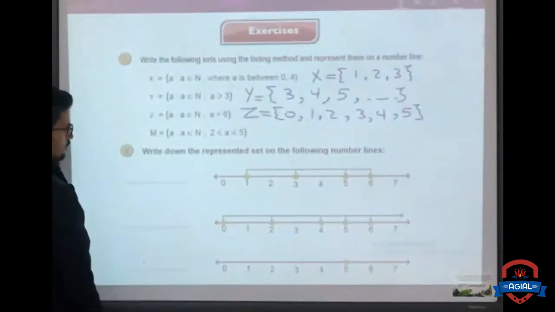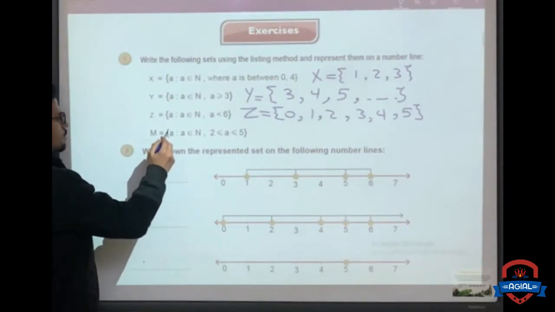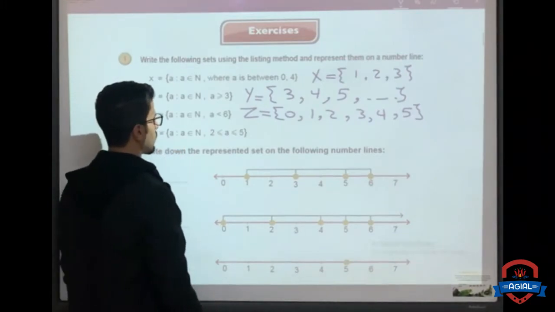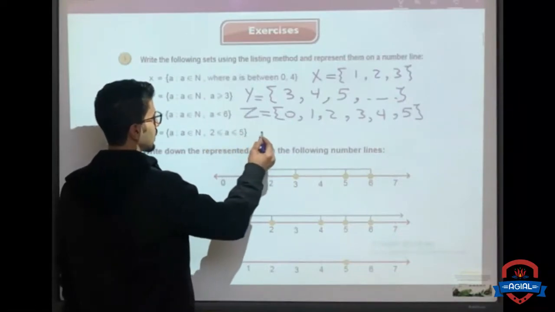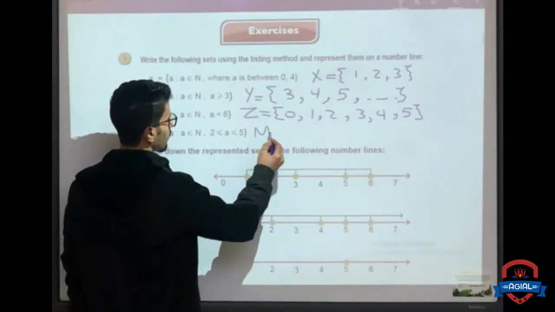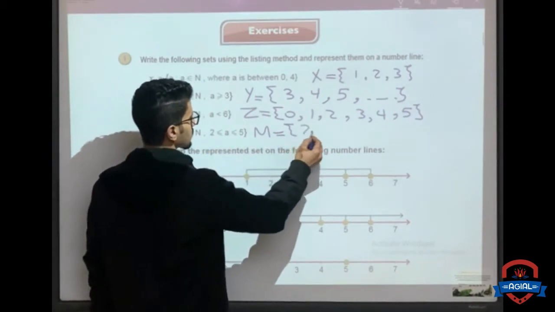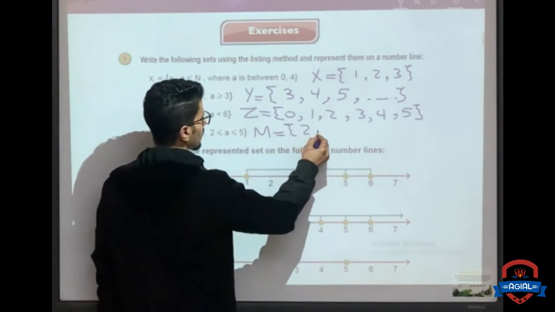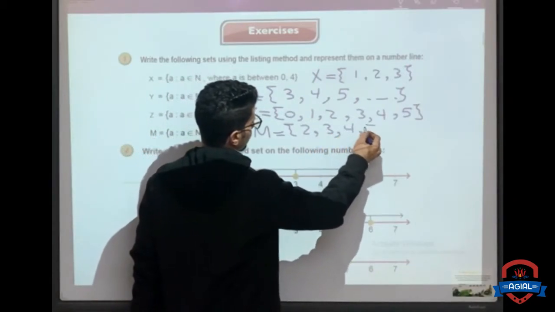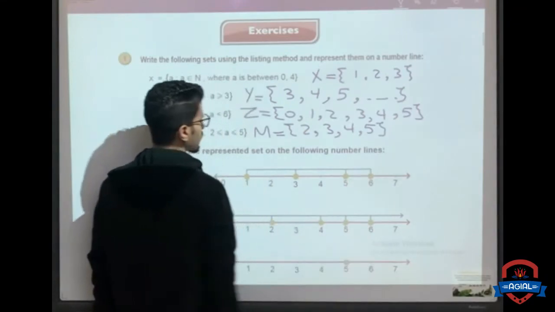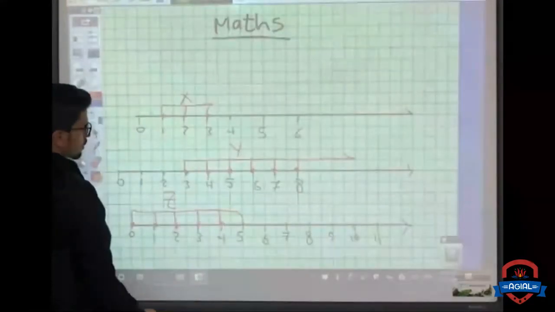Now let's look at the last one. We have the set M equal to {A such that A belongs to N and A is more than or equal to 2 and less than or equal to 5}. So the set M is equal to: we start with 2, then we have 3, 4, and 5 because A is less than or equal to 5. And we need to represent this set on the number line.